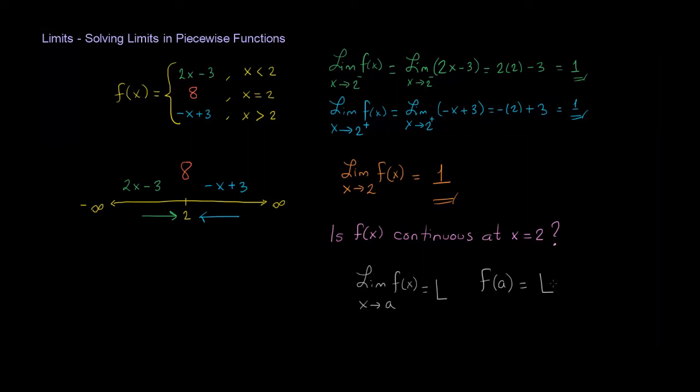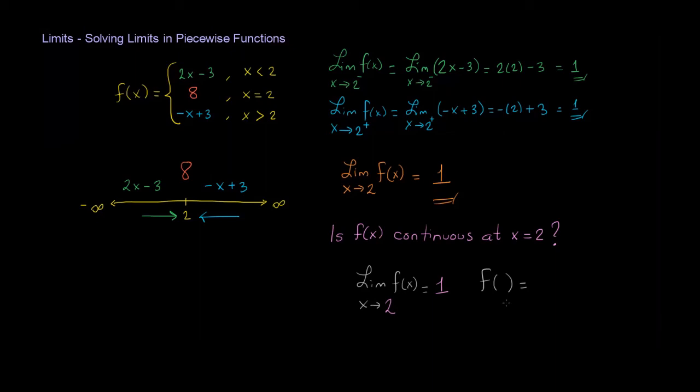So for the purposes of this example, I'm going to write in a different color. In this case the limit of f of x when x approaches 2 is equal to 1.